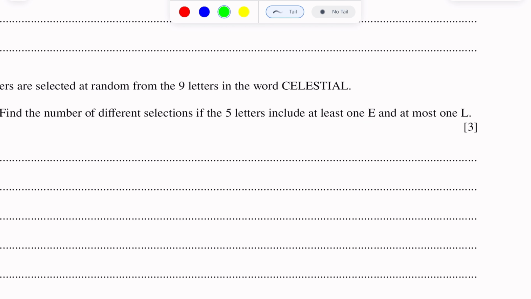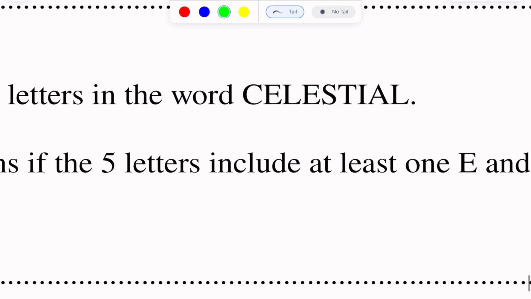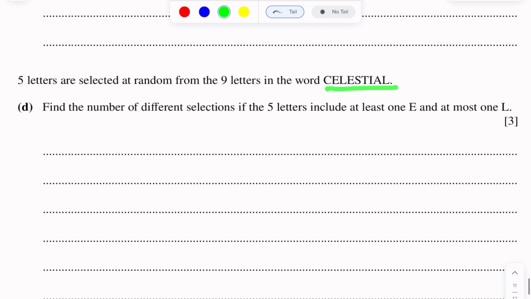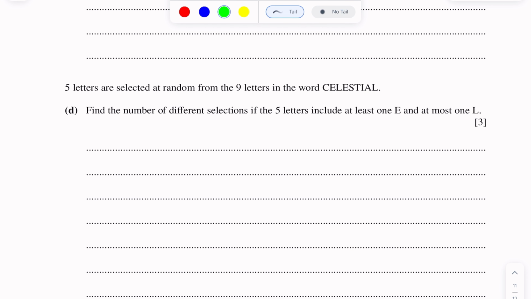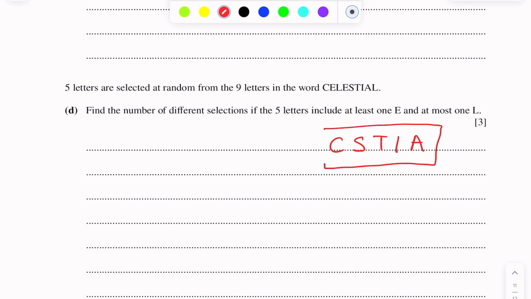So repeated letters are two E's and two L's in this word celestial. Without these repeated letters, the remaining letters are C, S, T, I, A. These are 5 letters without repetition.